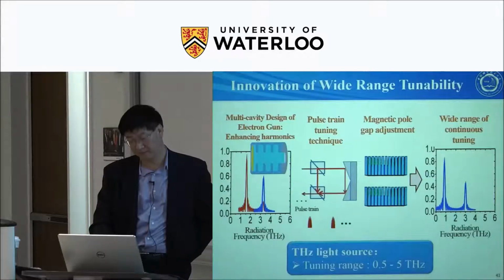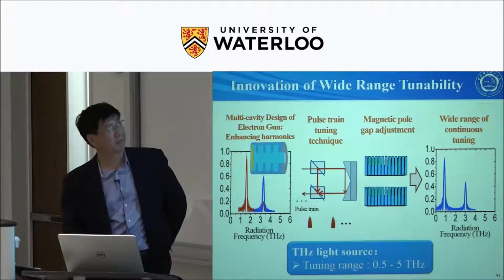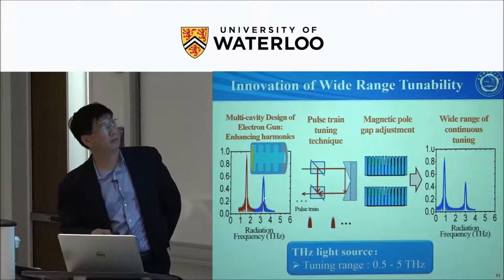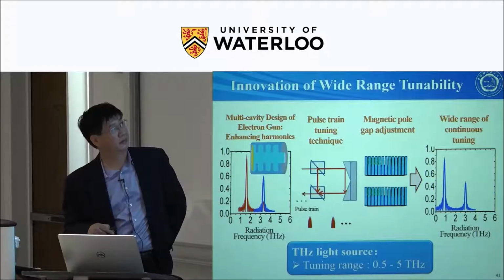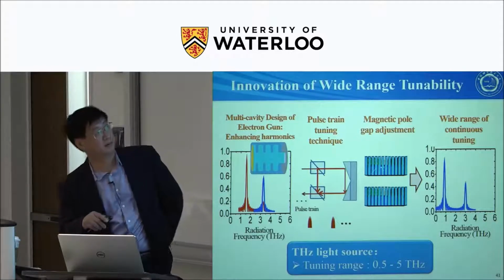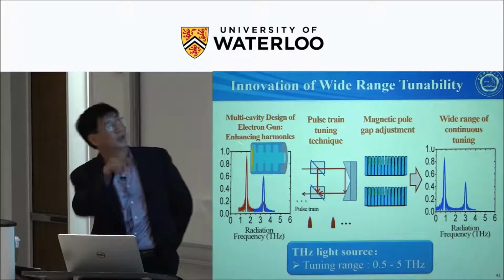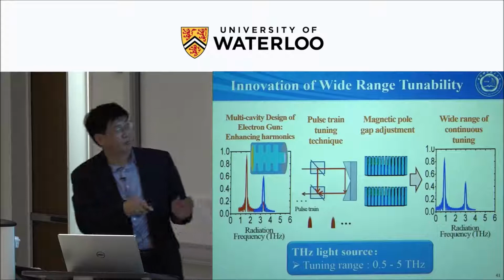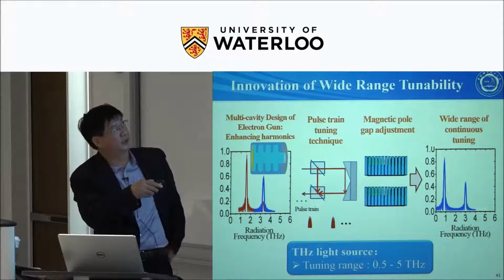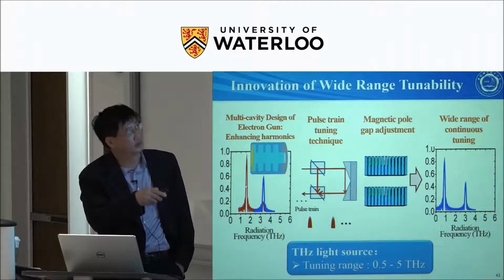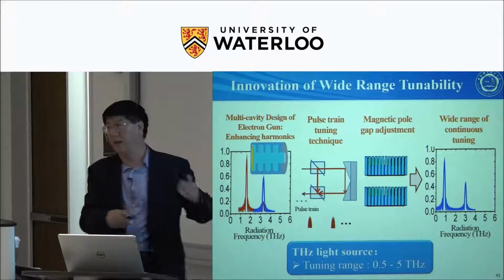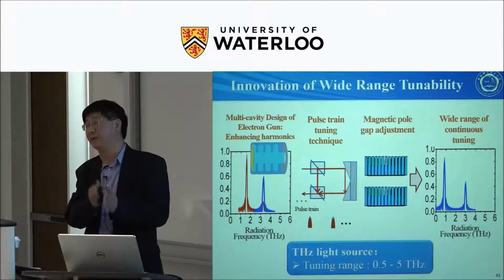Your radiation frequency peaks look like they have about the same full width half max. You mean the red peak and blue peak here? Yeah. If we use this cavity to tune the red one, you have a limited range.